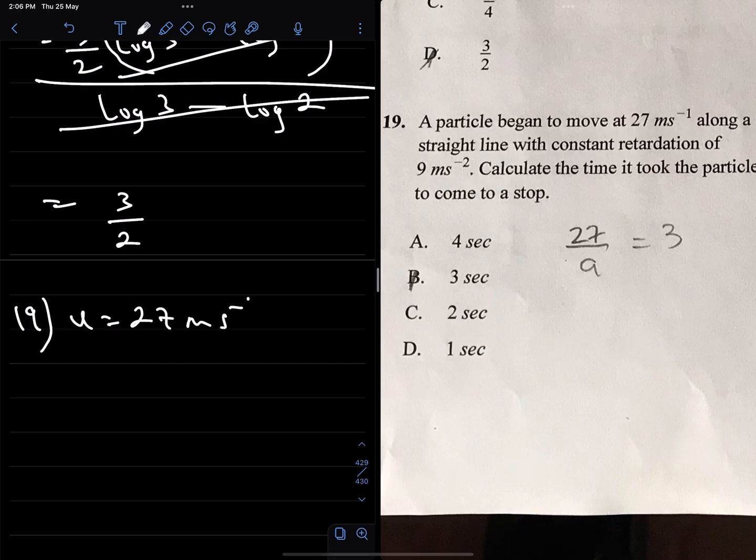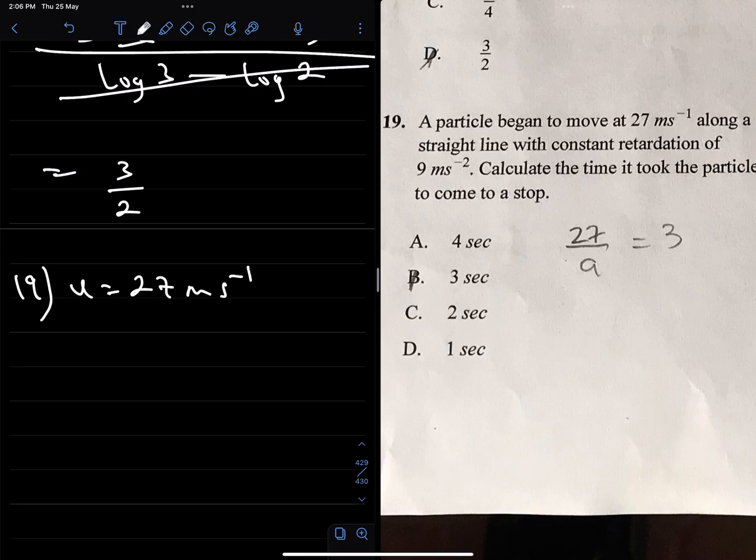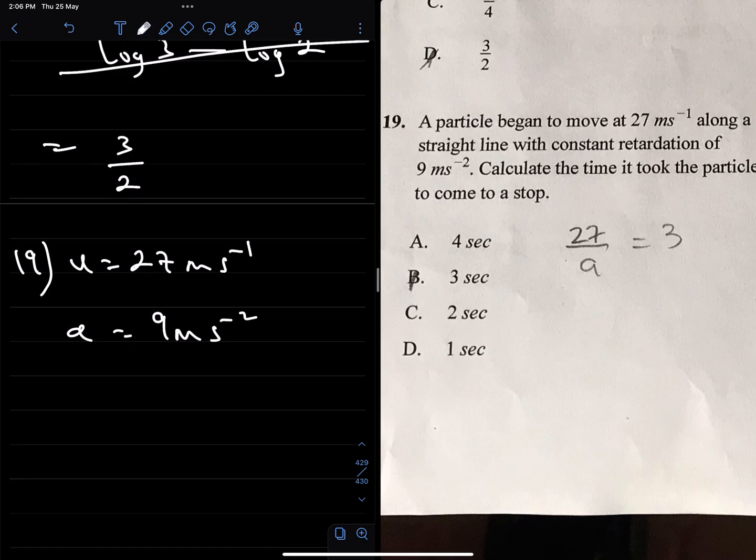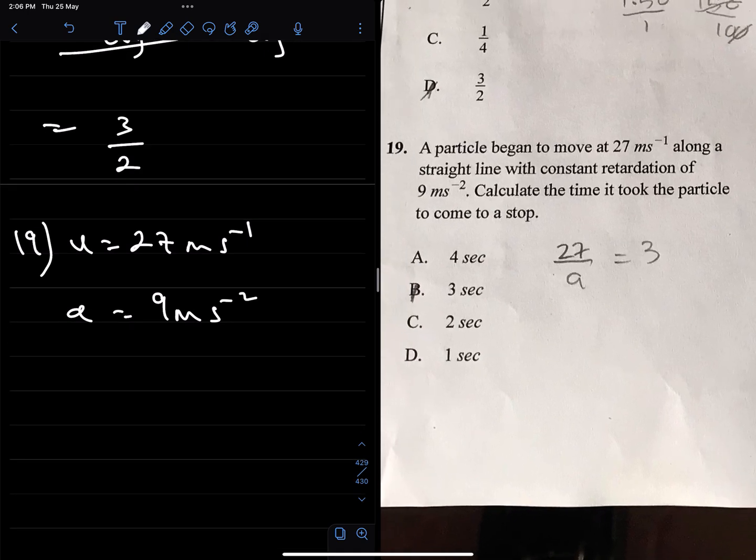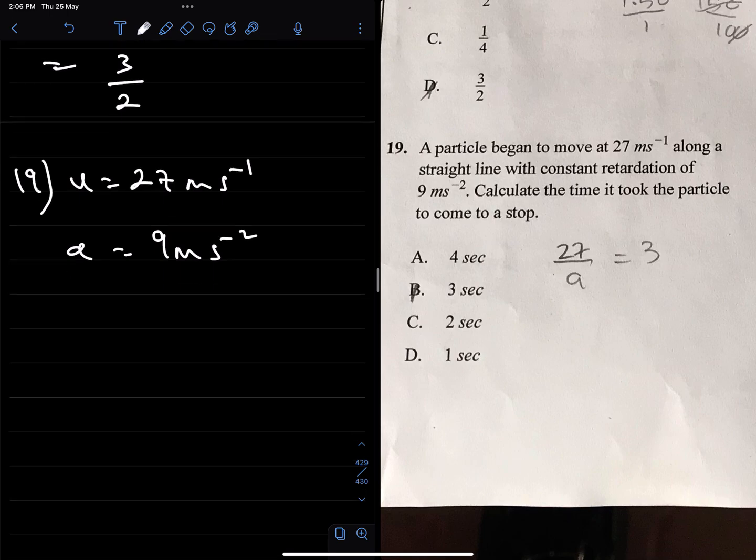That means u is 27 meters per second, and with constant retardation, let me just say retardation, that a is retardation and not acceleration. a is 9 meters per second squared.